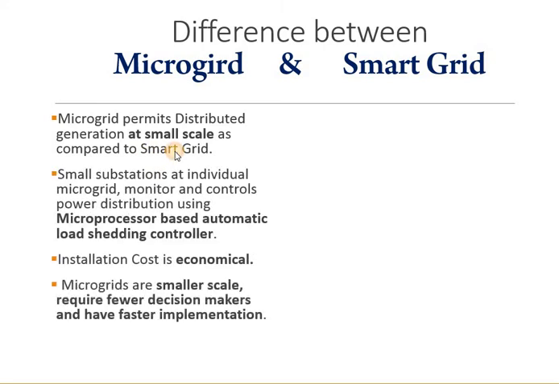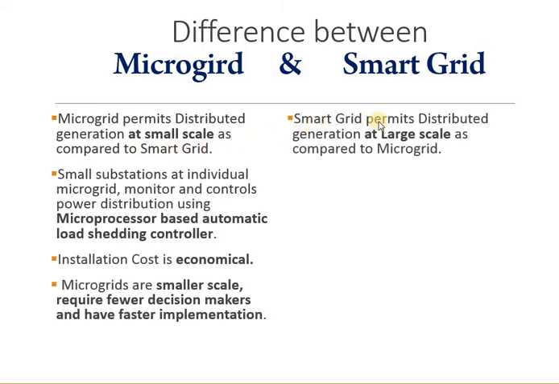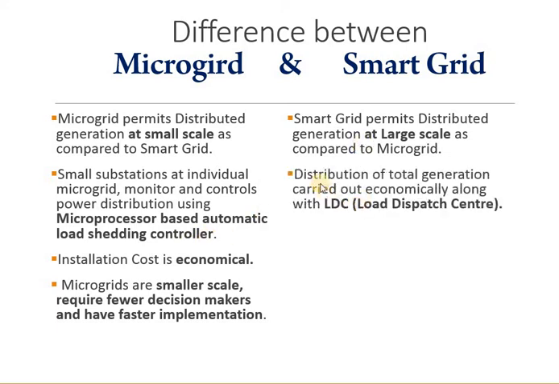And here we are able to see that a smart grid permits distributed generation at large scale as compared to a microgrid. A small substation at an individual microgrid monitors and controls power generation using microprocessor-based automatic load shedding control, whereas in a smart grid, distribution of total generation is carried out economically with the help of a load dispatch center situated locally at every distribution center.